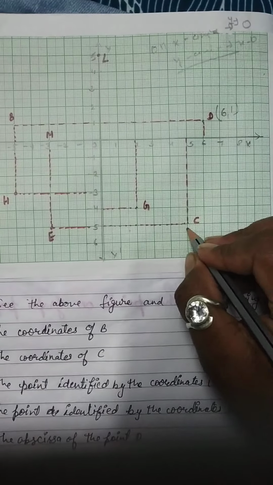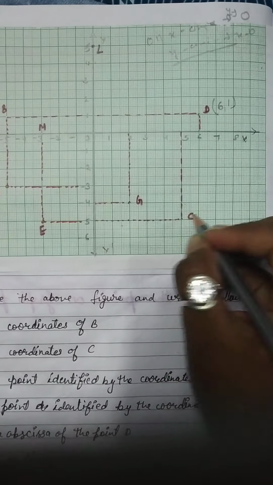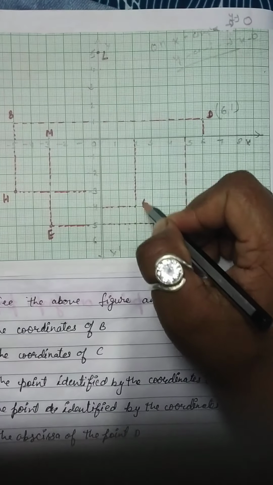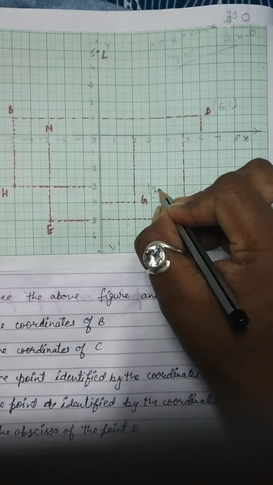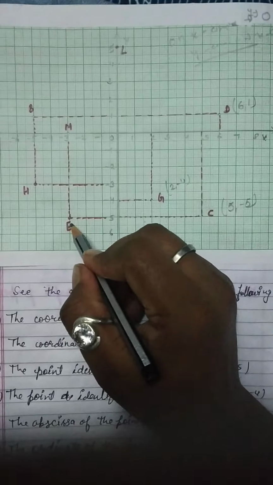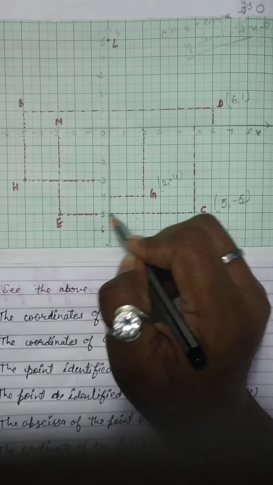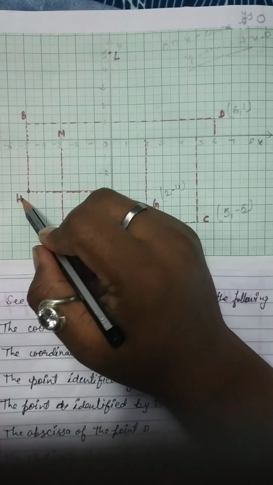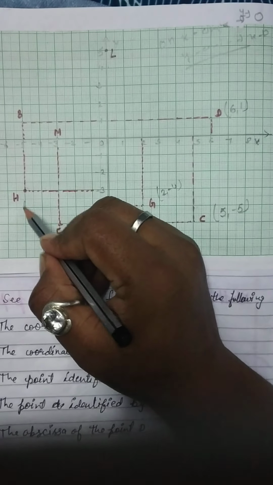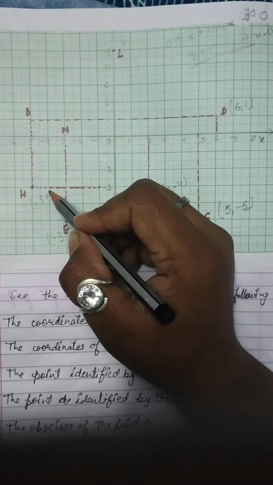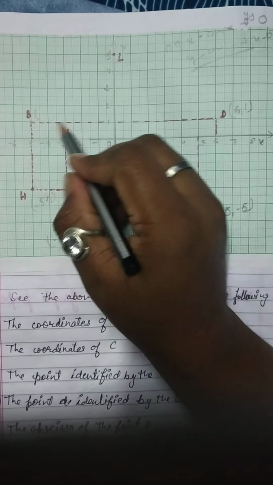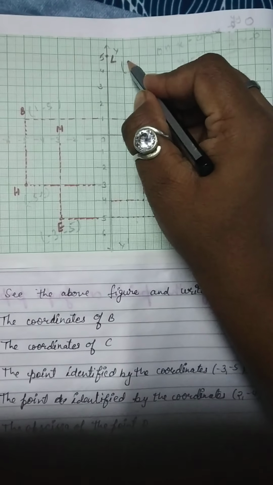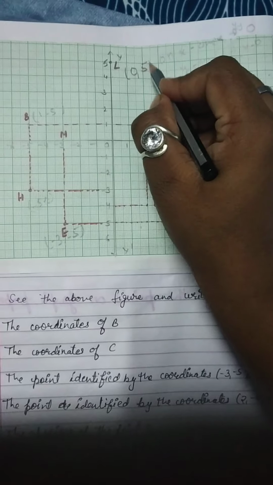Point C is (5, −5). Z is (2, −4). E is (−3, −5). H is (−5, −3). B is (1, −5). And L is (0, 5).